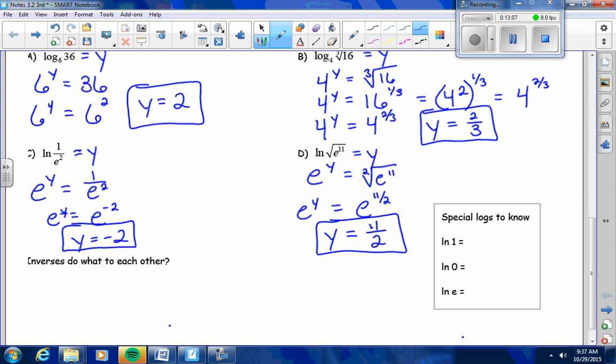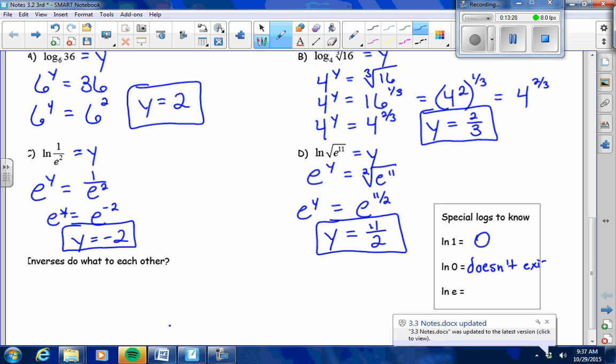Okay. Now, over in the corner, some special logarithms to know. The natural log of 1 equals 0. The natural log of 0 doesn't exist. The natural log of e.